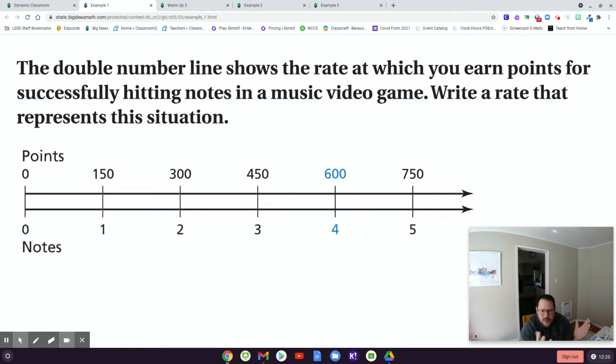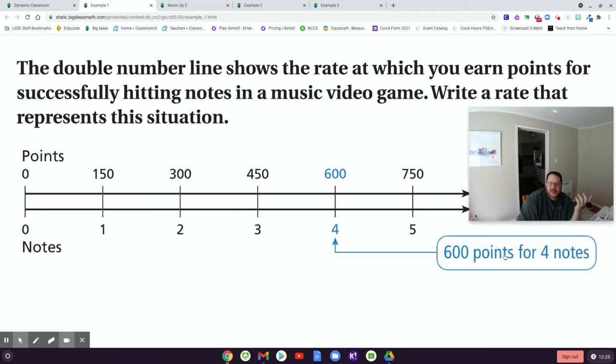So what is one possible ratio, or rate in this case, because they're different units, could you write for this number line? All right, so 600 points to 4 notes is one of the rates that you could write. So all of these are rates. So the 750 to 5 is a rate, 450 points to 3 notes is a rate.